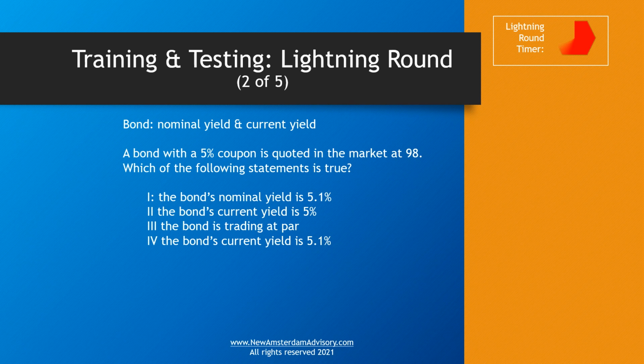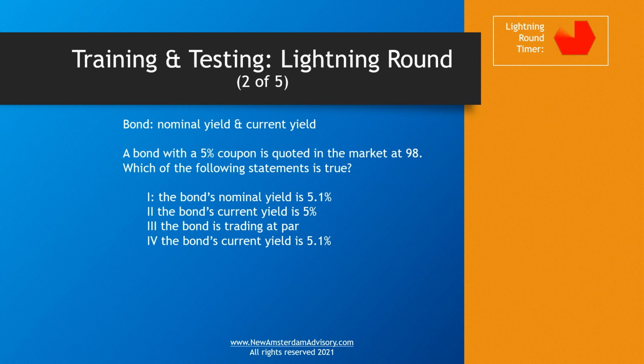The current yield, however, is that same $50 per year that you get now as a percentage or a fraction of the market value, meaning the $50 that I get are the result of a bond I bought for $980. As a percentage, that is 5.1%.